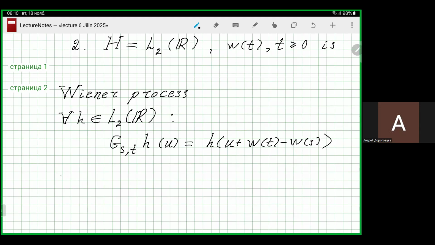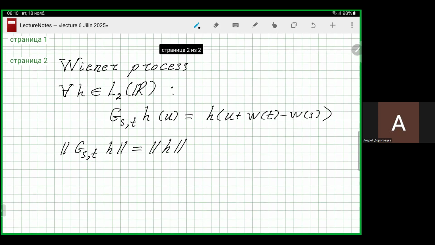So now the norm of J_{ST} h is equal to the norm of h. Shift is random, but still we have this.